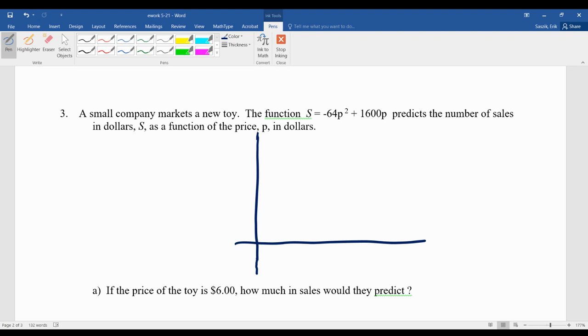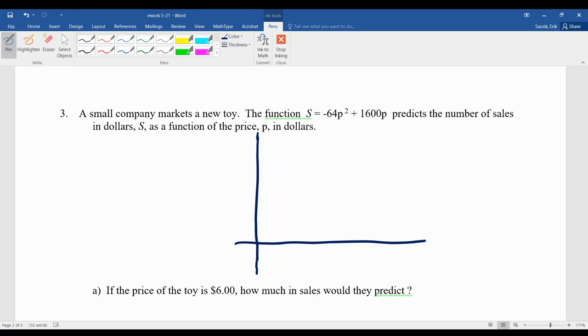So my sales would be very small. Now, if I charge very little, let's say I just charged a penny, I'm going to sell a ton of them. But I'm not going to get much money either because I'm just getting a penny each time. Okay. So, there's a sweet spot in there.